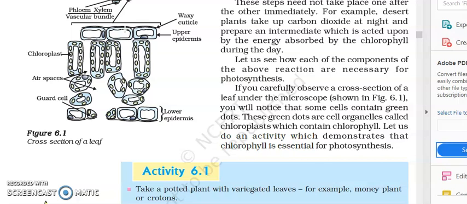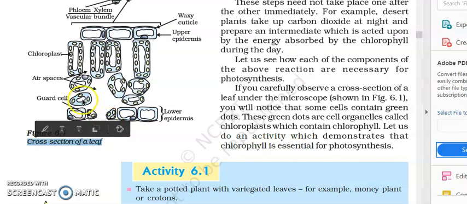So the question is, are the monocot leaves and dicot leaves different from each other with respect to their upper epidermis and lower epidermis? So this is the cross section of not just any leaf. There is a correction over here which I would like you to know. This is the cross section of a dicot leaf, also called the dorsiventral leaf.